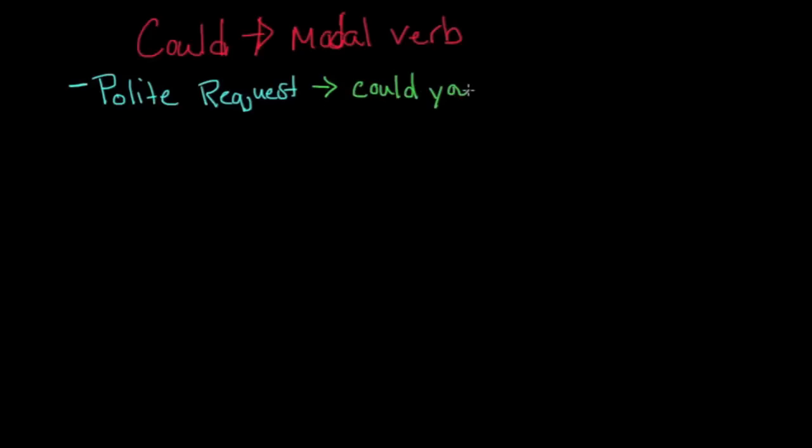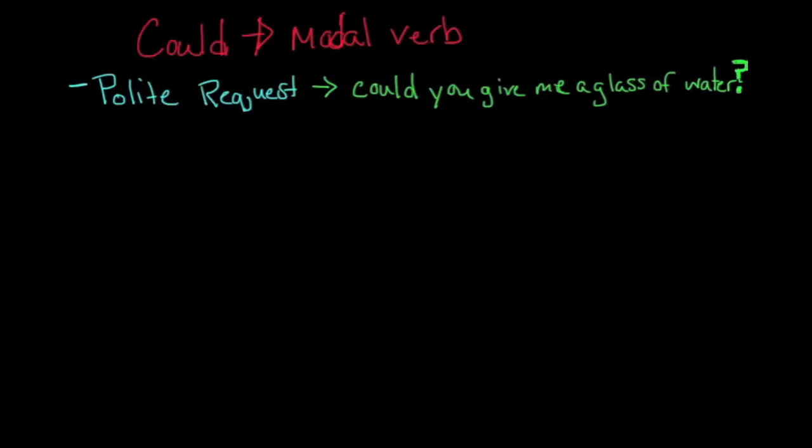Could you give me a glass of water? This is a request, so it has a question mark at the end. Could you give me a glass of water? That's a polite request, a nice way to say something.